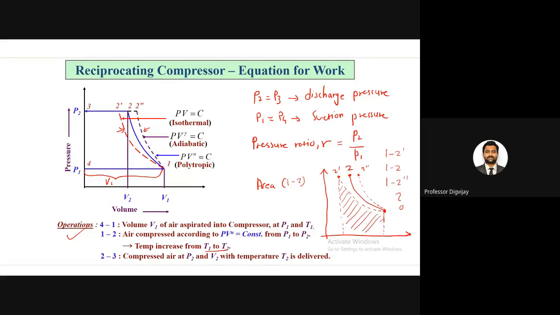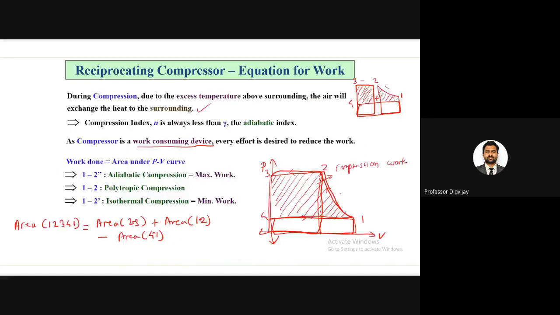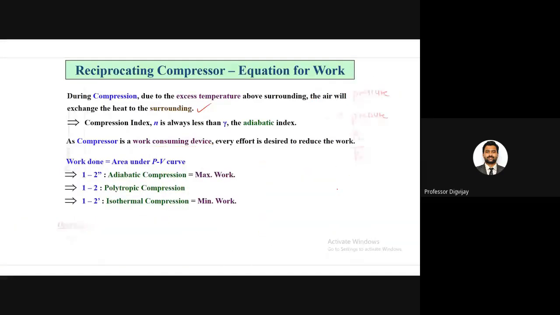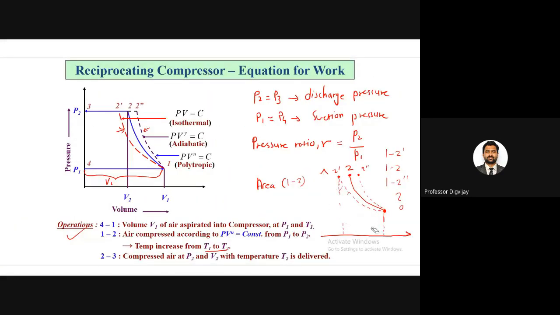Anyone looking at this figure can easily say that this area will be less compared to the others. This whole area, not just this one, this whole area required for compression.